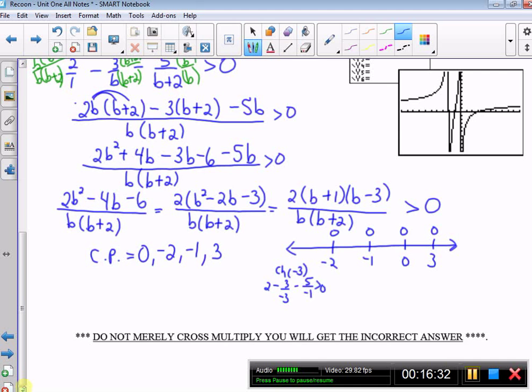Oh, I'm just doing the one I solved. That's okay. So I'd get 2 plus 1, really, plus 5. Well, that's true. So I know that it's going in this direction. So negative 3 is part of the solution.